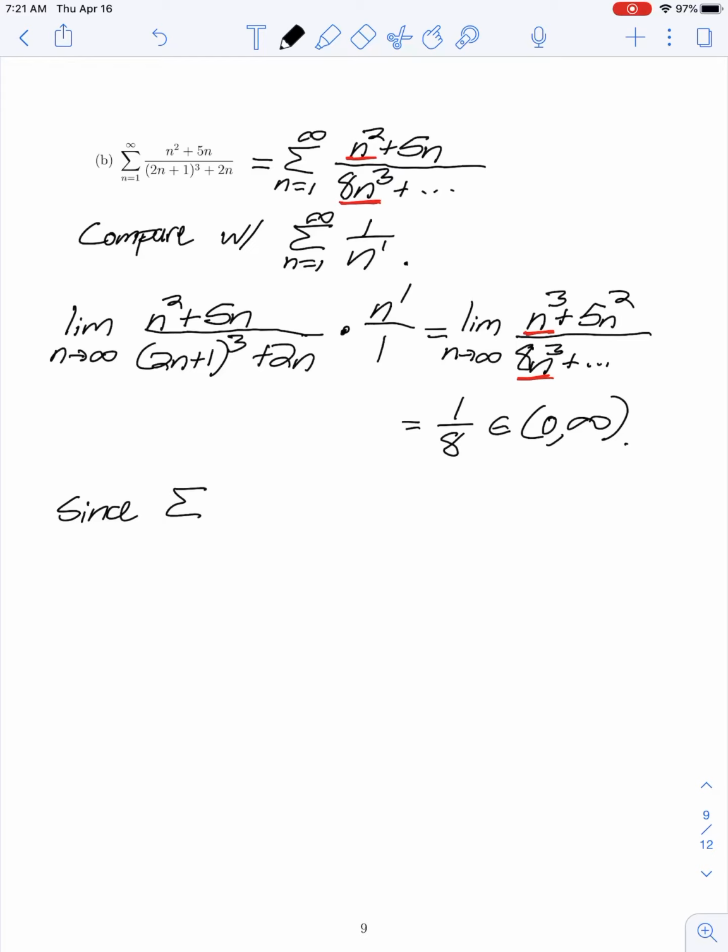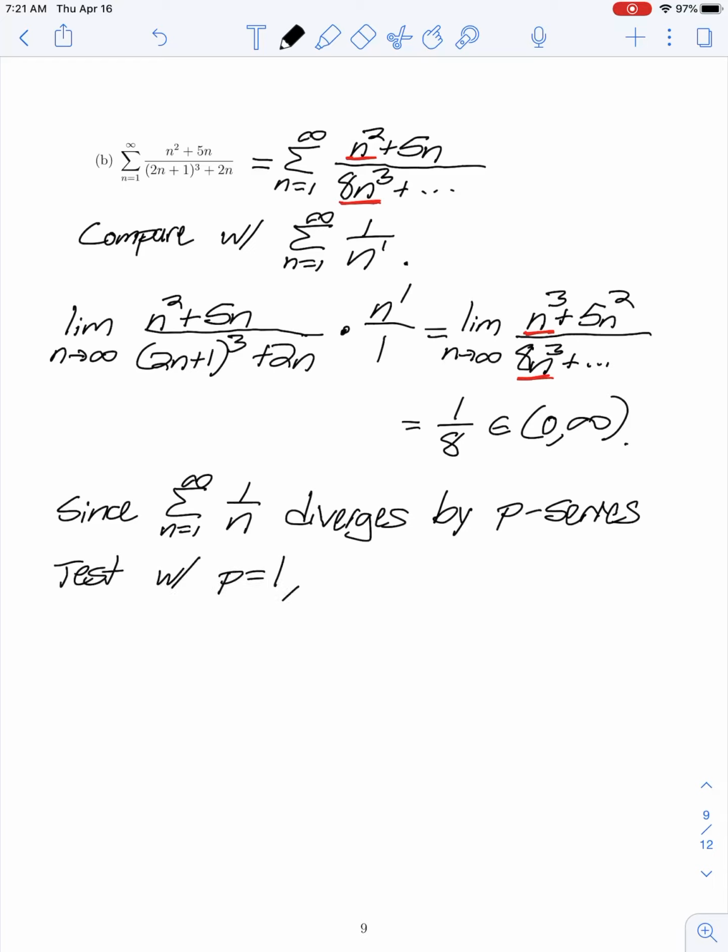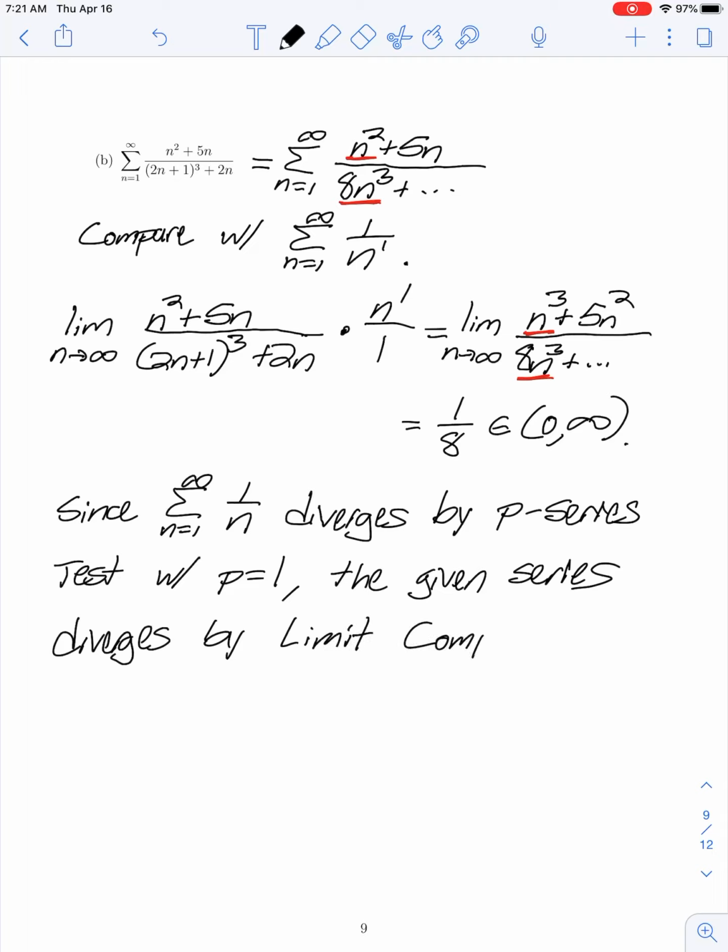So we could say, since the sum from 1 to infinity of 1 over n diverges by the P series test with a value of P equal to 1, the given series also diverges by the limit comparison test. So here we're getting divergence.